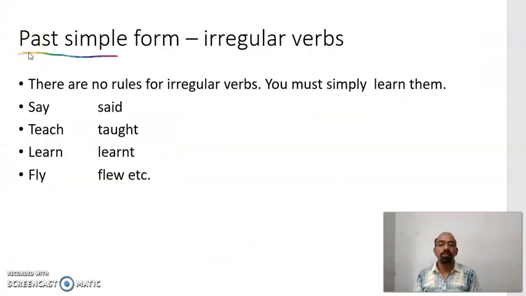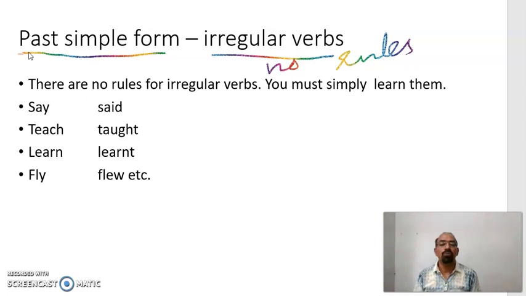Now past simple forms with irregular verbs. With irregular verbs, there are no such rules. There are no rules for irregular verbs. You must simply learn them. Verbs like this. Say, said. Teach, taught.